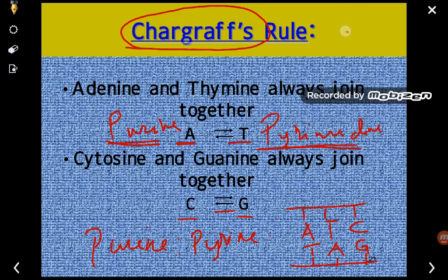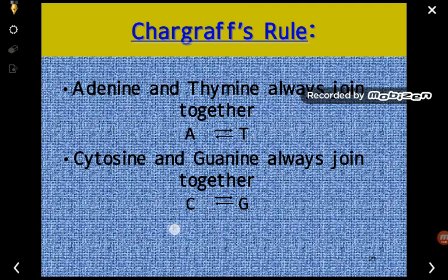What is the ratio? Purines to pyrimidines is always a 1:1 ratio, and it can be represented as A plus G is equal to T plus C. So whenever you are asked about the Chargaff rule, it is nothing but A plus G is equal to T plus C, or you can say that A plus G divided by T plus C is equal to 1.